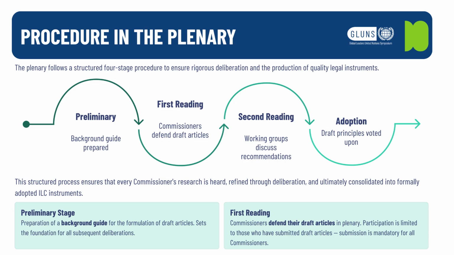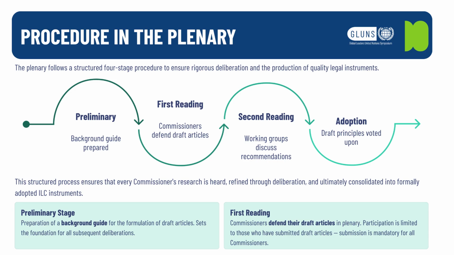In the preliminary stage, we have the preparation of a background guide. A background guide is simply the topic that you're supposed to be conducting your research on. After the preparation of the guide, we also have the formulation of the draft articles.